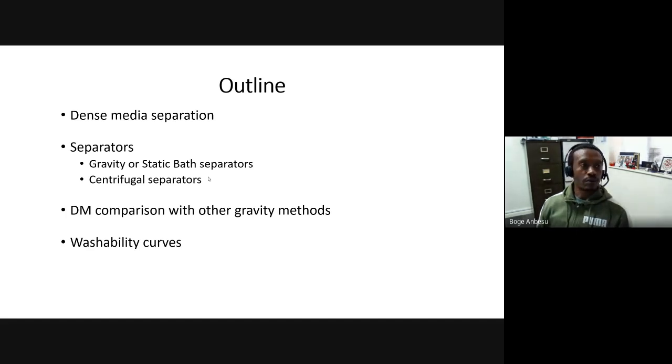And the other thing we're going to do is look at how we assess the performance of a gravity separator or a gravity concentrator. In this case, we use what we call washability curves.